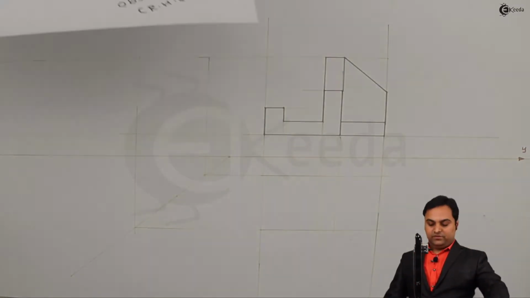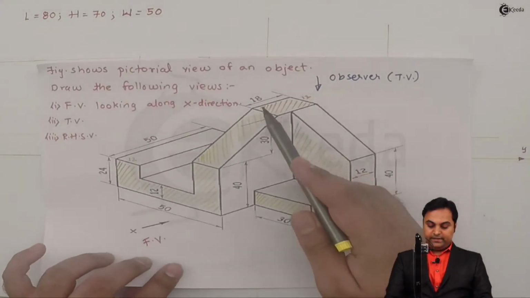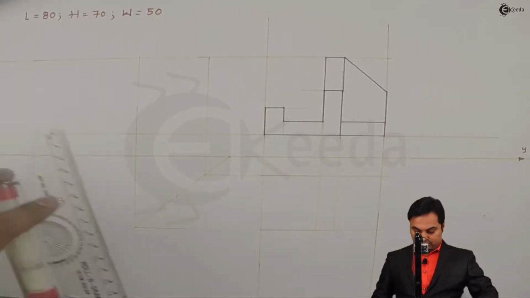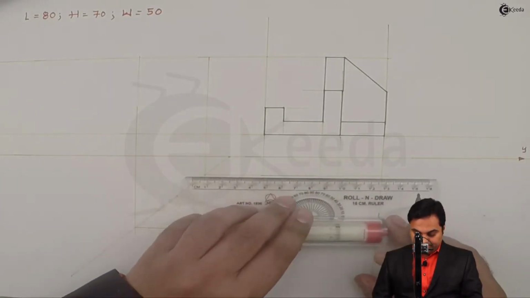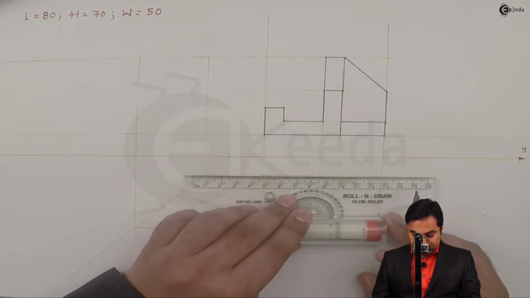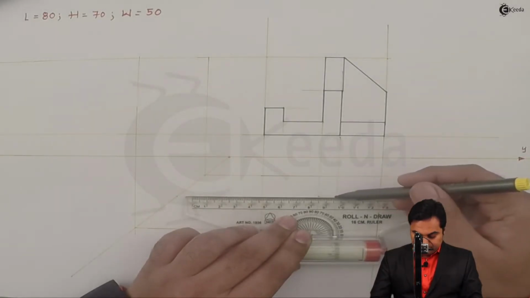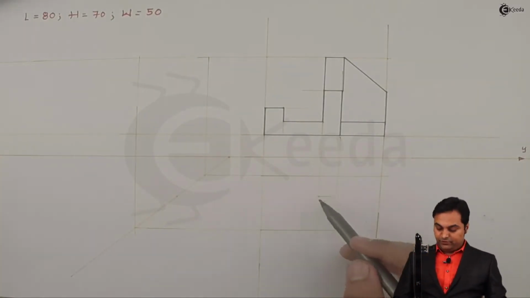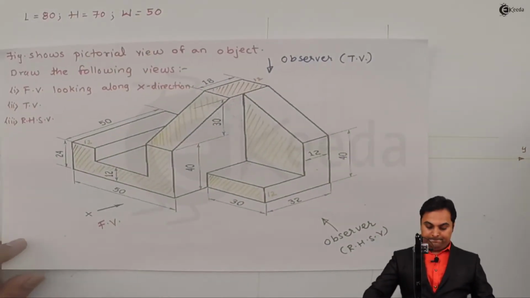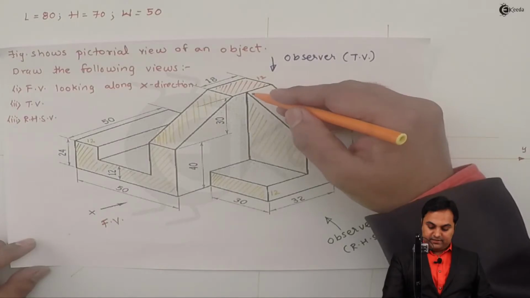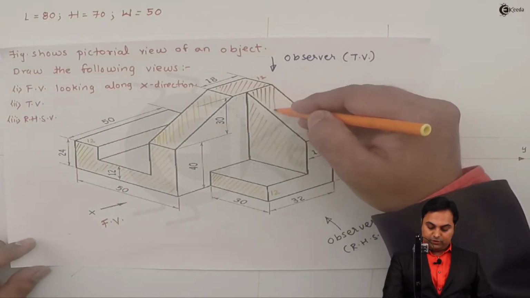And then the width is 18 mm. So measuring 18 mm. That surface is visible from the top. Next, at the same time, this inclined rectangle is also seen from top.